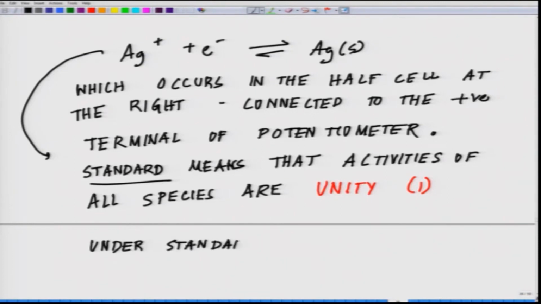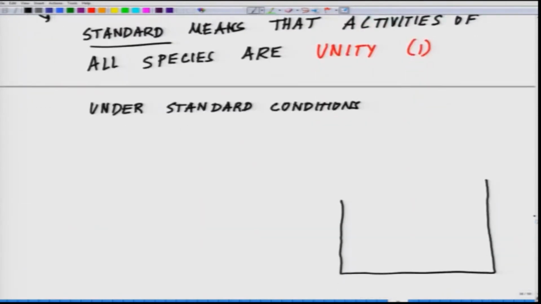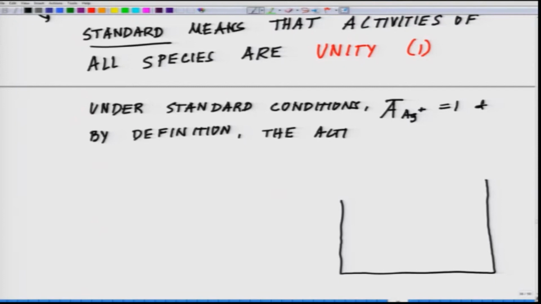So, for the reaction mentioned above, under standard conditions, the activity of Ag plus is equal to 1, and by definition the activity of solid Ag is also unity.